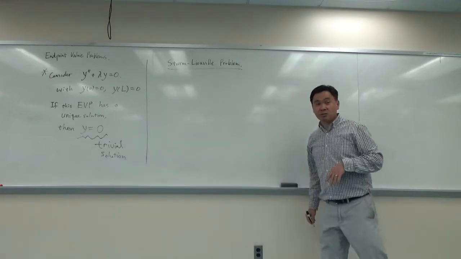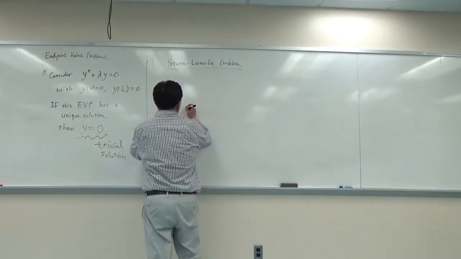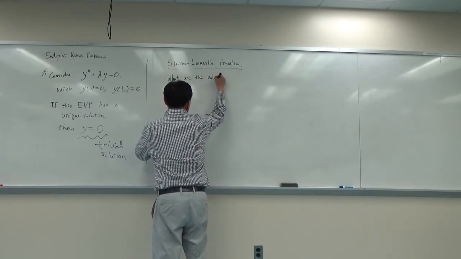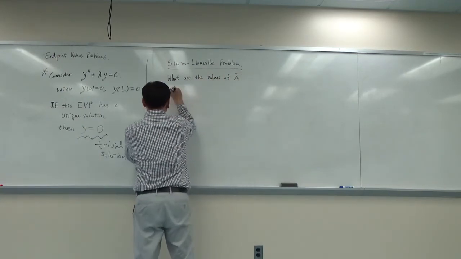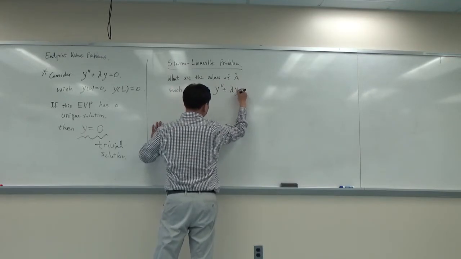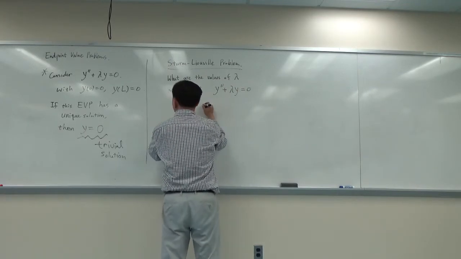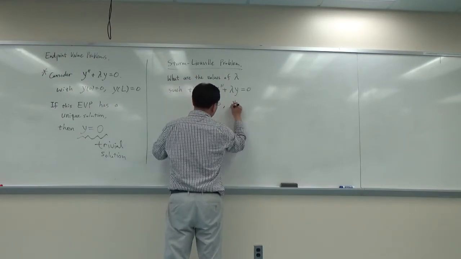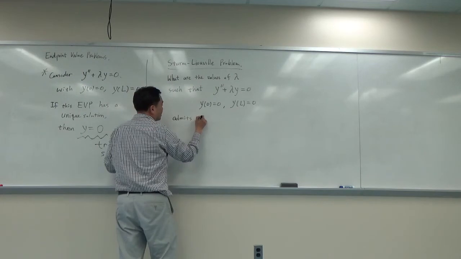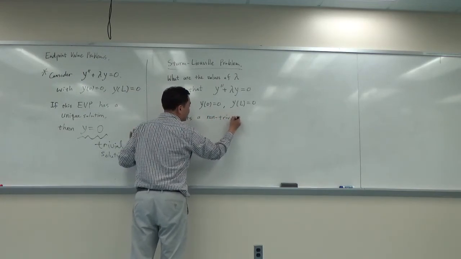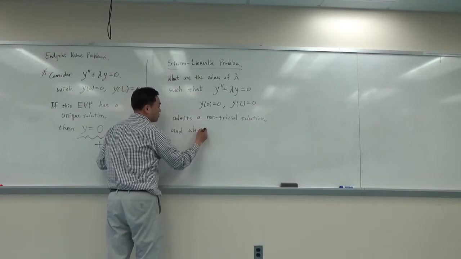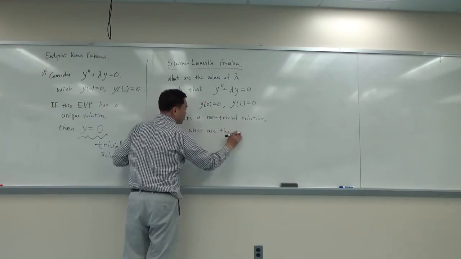And the Sturm-Liouville problem is exactly this: what are the values of lambda such that y double prime plus lambda y equals 0, y of 0 equals 0, y of L equals 0, admits a non-trivial solution, and what are the non-trivial solutions?